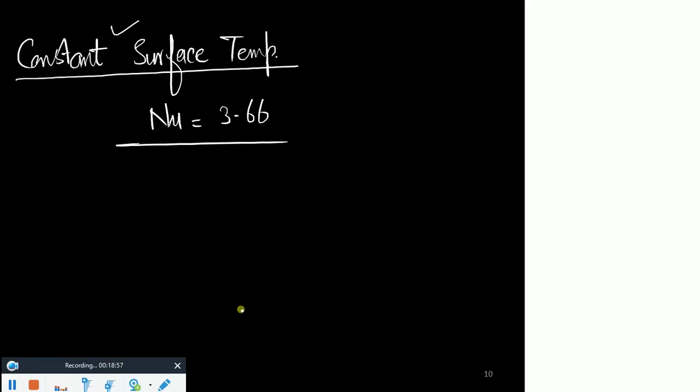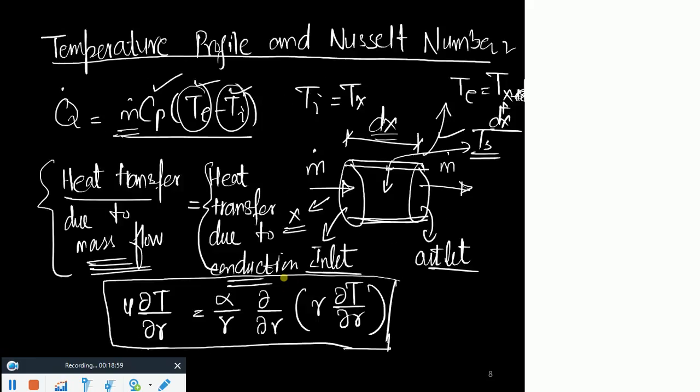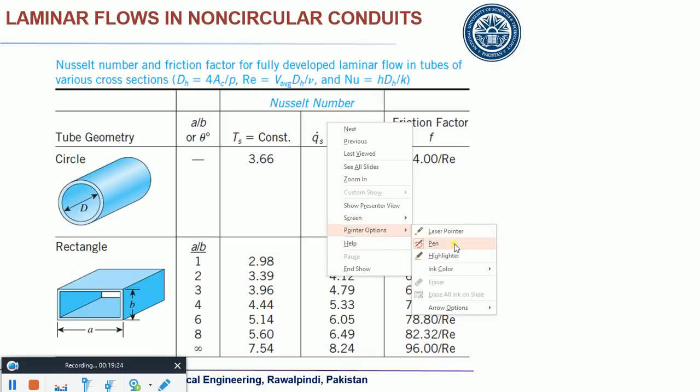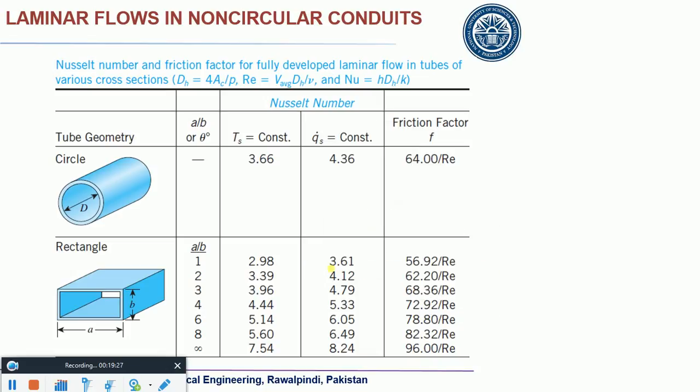Let me show you a table where we can talk about laminar flows in non-circular conduits. You can see that all the conditions are given in that table. That table is 8-1 given in your reference textbook. You can see tube geometry is given. In some of the cases you have aspect ratio as well. This is a by b, where aspect ratio is something like width over height.